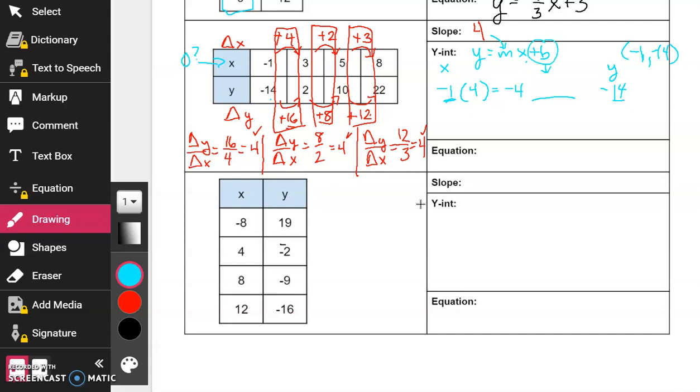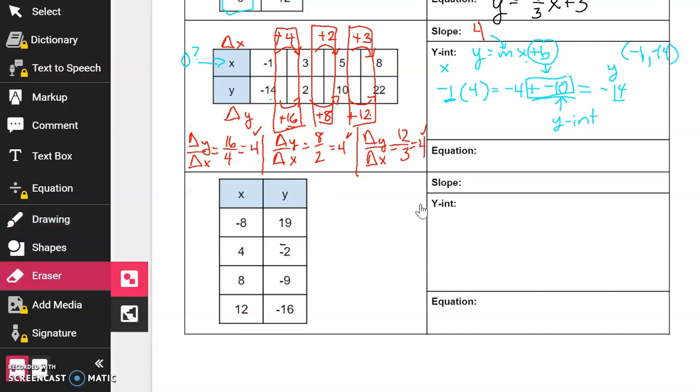I'm at -4. I have to go more negative. I have to do plus -10 to get me to -14. So that is what you're asking yourself. So this -10 is your y-intercept. That's what we're looking for.